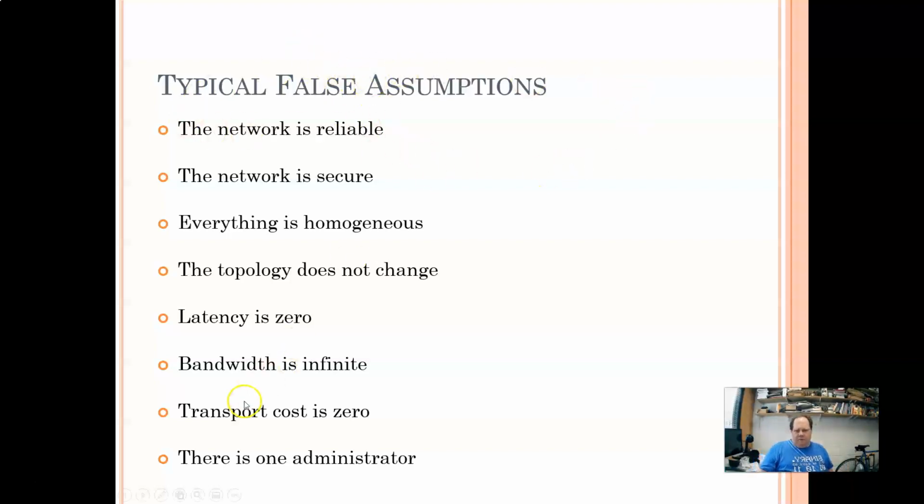And then we have assumptions like the cost is zero. So that's probably the most true assumption that we have there, that typically the cost is zero. But I suppose where this matters is that in the past we've had situations where you have users that are on pay per byte connections. It doesn't happen very often now, but in the old days, when I was young, you'd have lots of users who would have to pay for their connection.